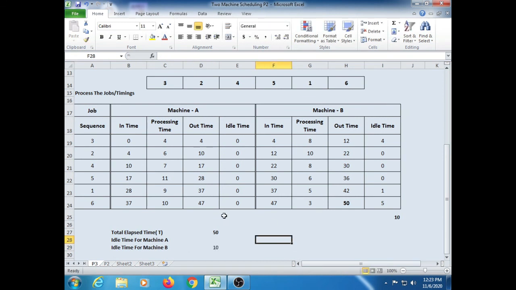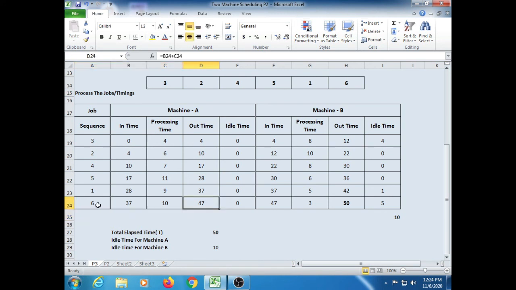But coming to calculating the idle time for machine A, here we have to take the processing time also. The last job, that is the sixth job, we completed on machine A at the 47th hour, and this machine doesn't have any other job to perform after the 47th hour. That's fine, because there are no jobs.